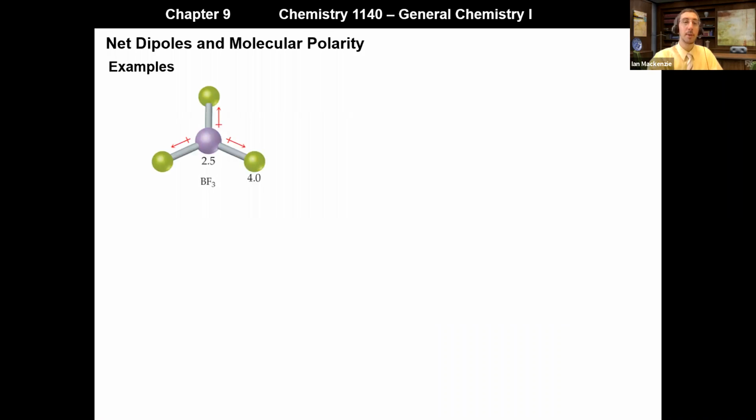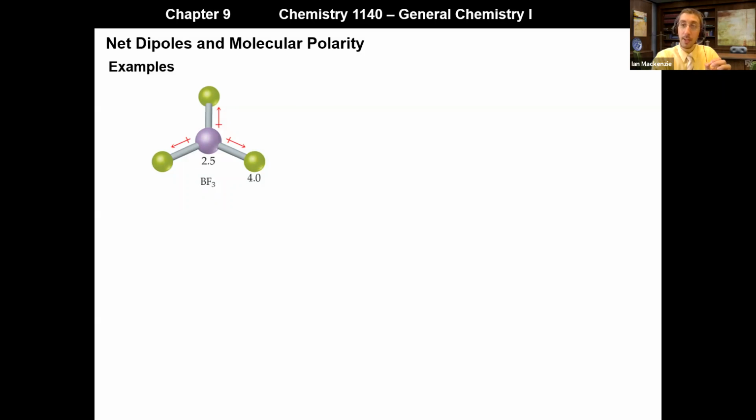If we look at BF3, for example, in this case, we have polar bonds. Fluorine is significantly more electronegative than boron. The electronegativity difference is 1.5, so that would be a polar bond. But they are all pointing in opposite directions.